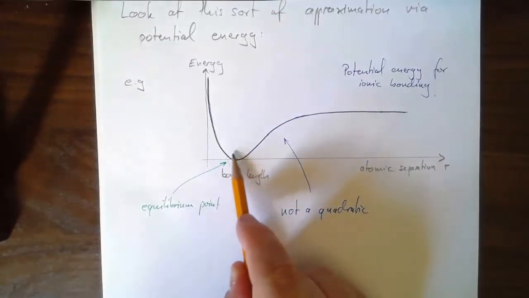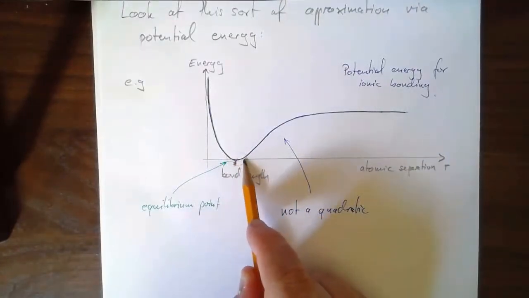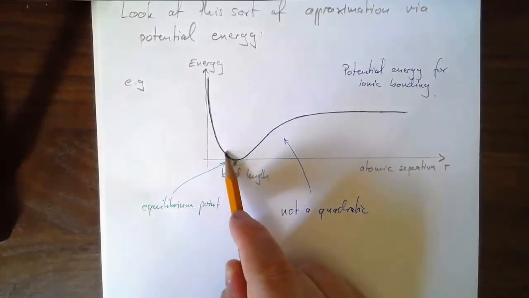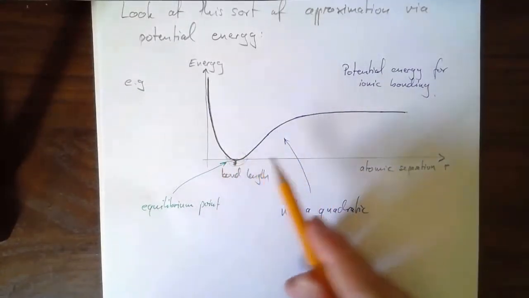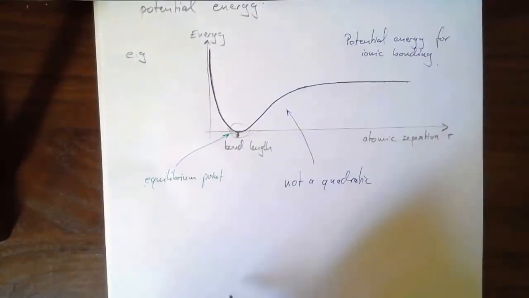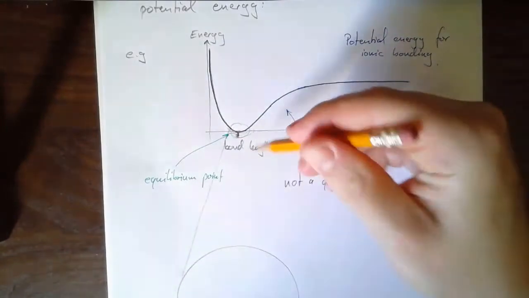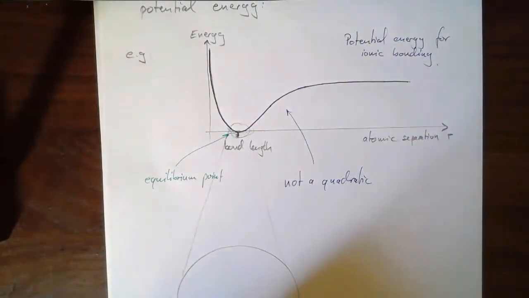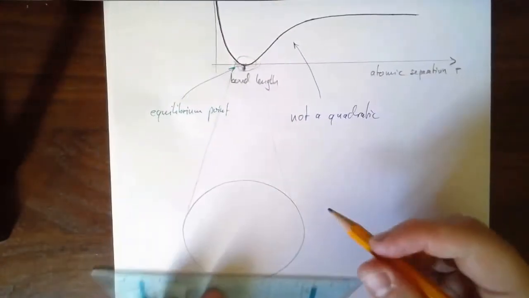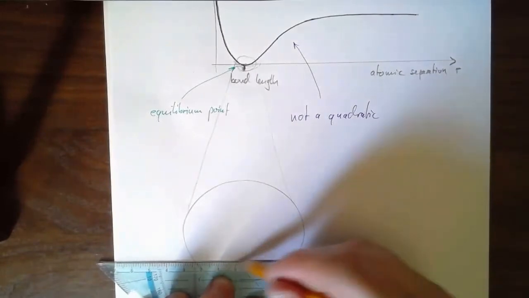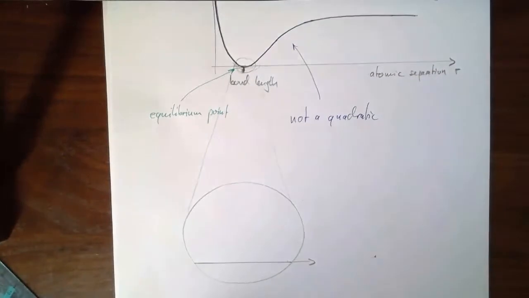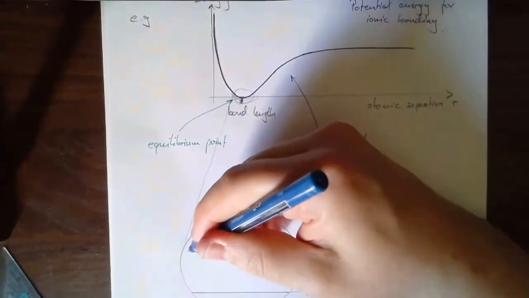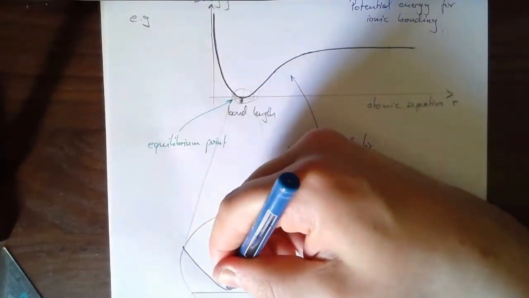Around here, it is a minimum. It's flat, so there's an equilibrium point. I'm going to approximate this shape here as a quadratic. So I imagine I'm zooming in on this. Here's my axis at the bottom, and then I've got a graph that looks something like this.